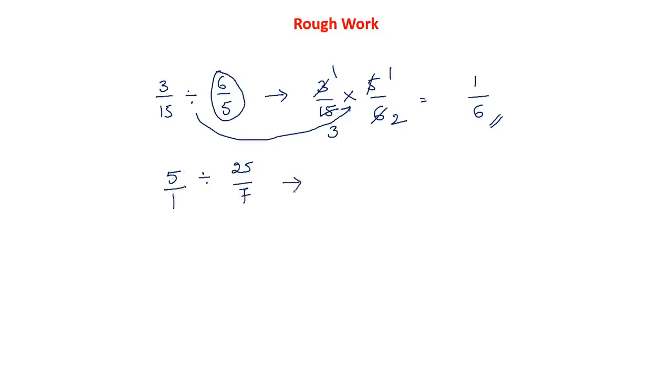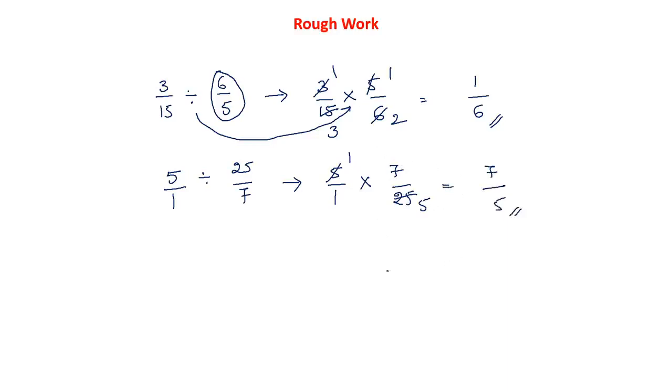So keep the first fraction as it is, which is 5 by 1. Change the division to multiplication, and change the second fraction to its inverse, which is the reciprocal or multiplicative inverse. Now you can cancel if there is any common factor. Here 5 ones are 5, 5 fives are 25. So multiply numerator into numerator and denominator into denominator, which is 1 seven is 7 by 1 five is 5, which is 7 by 5.